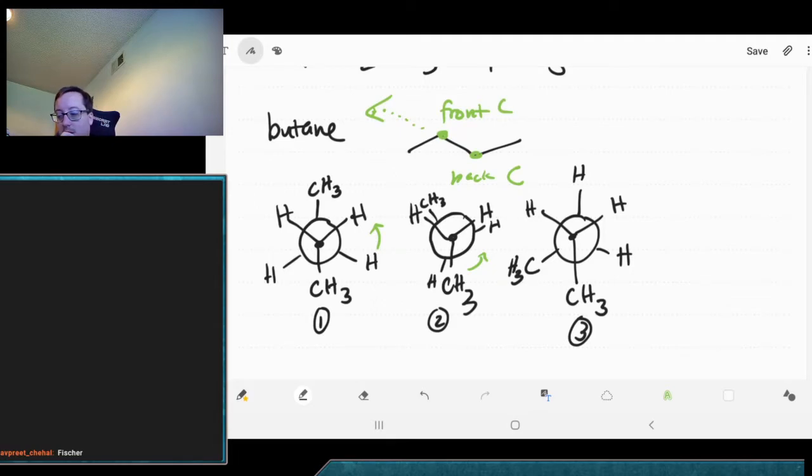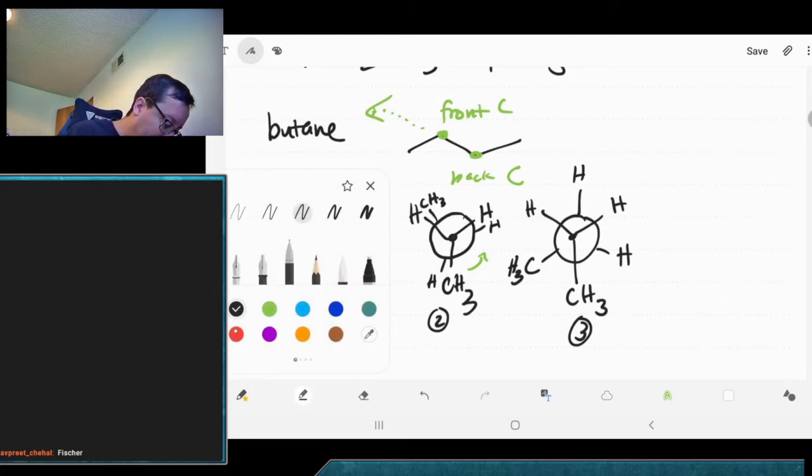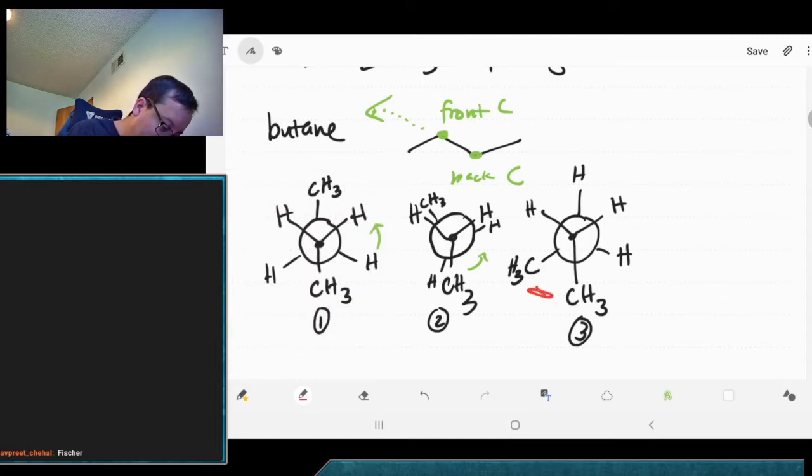And then as we keep rotating, we see now we have the methyl in the back that's kind of close to the methyl in the front. There's more likelihood, because a methyl group is much bigger than a hydrogen, that those are going to bonk into each other as things are happening.